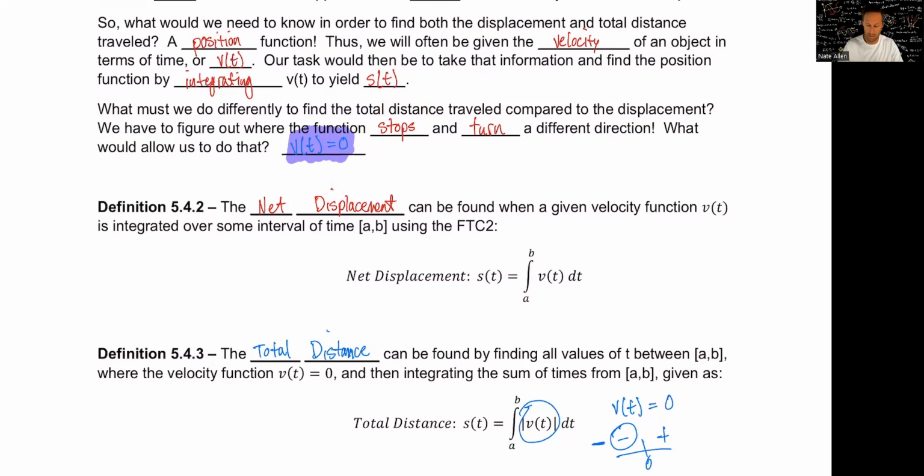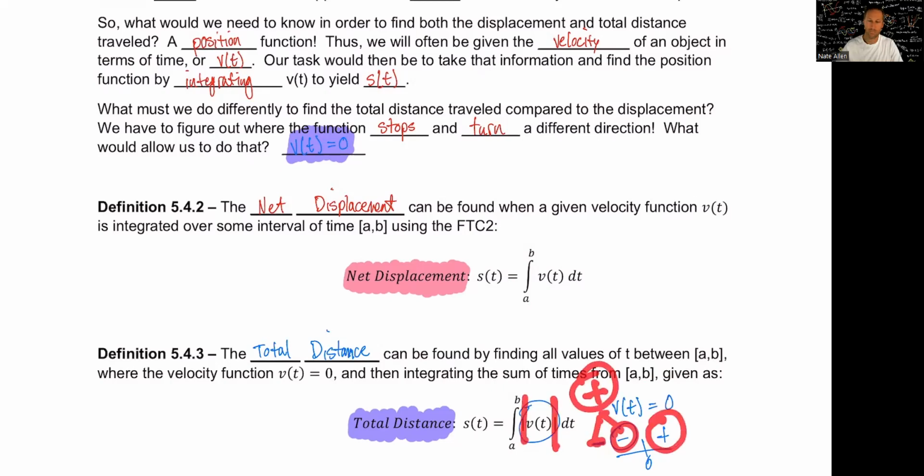All right, so that's the big difference between total distance and the net displacement. Either way, they look very much the same, but you need to know how to get rid of the absolute values by figuring out where it's equal to 0 and then combating any negative by throwing a negative out in front to ensure you get all positive values.